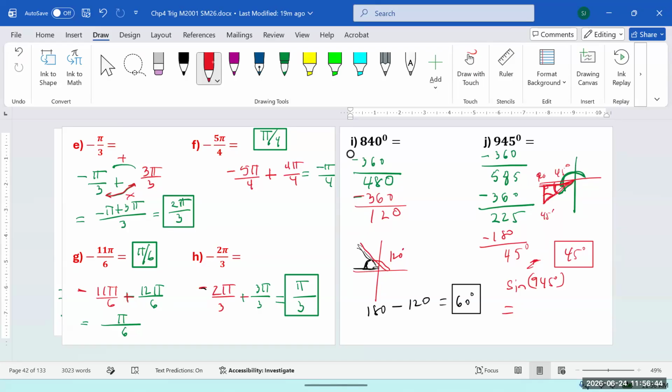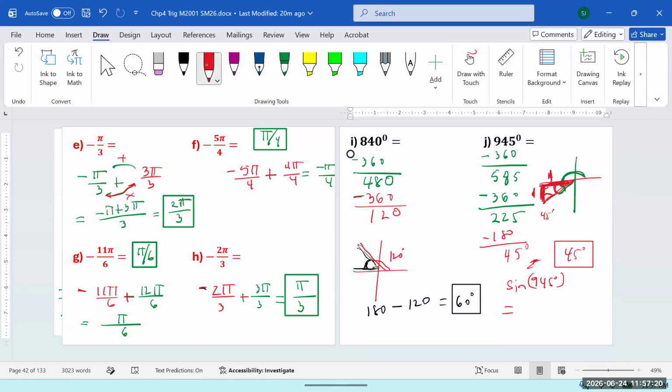Which angle is smaller, the 45 or the 90? 45. So the 45 side length must be what? 1 or something else? 1. The smallest angle always gets the 1. That's the rule. So that means this side must be 1 and this side must be 1. Otherwise we'll get confused. We have two same sides and we know they have to have the same number because they have the same angle.